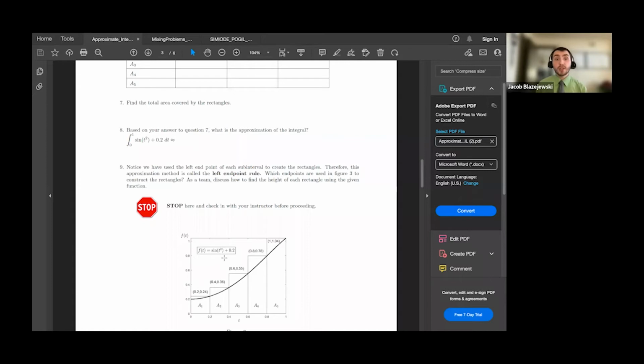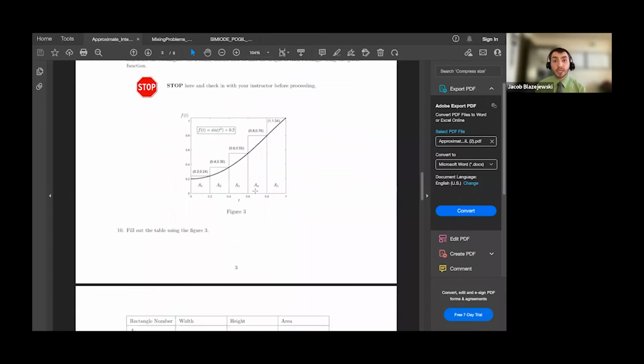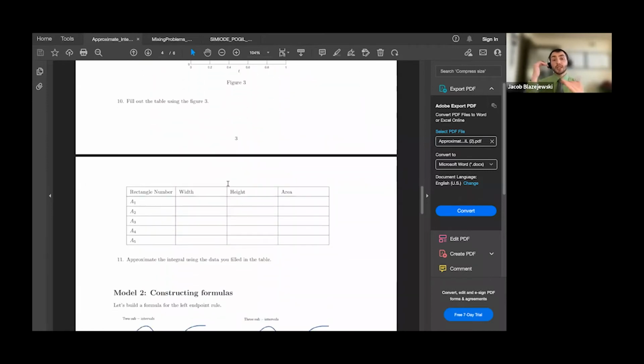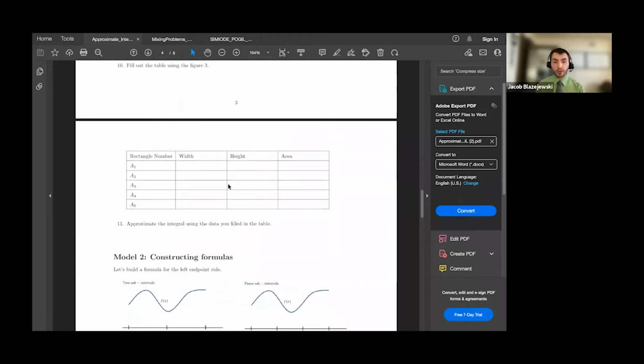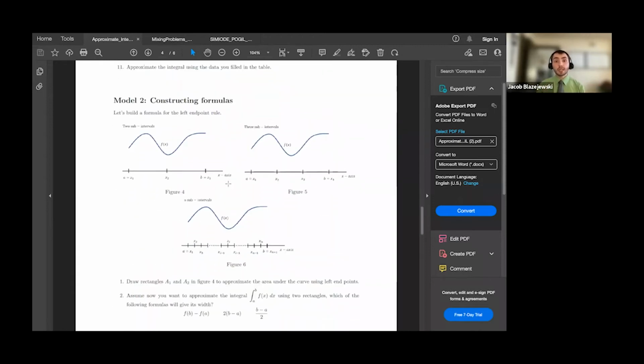So this is just the first model, working through a concrete example. But then you get to scaffold models together and go through another learning cycle. Our second model for this activity says: we've constructed some formulas, or did some approximations in a concrete example, so now let's extend this idea to be more general, to arrive at formulas for the left endpoint rule and the right endpoint rule.